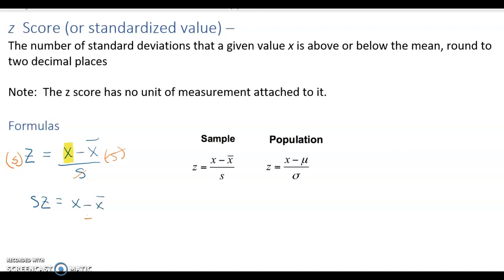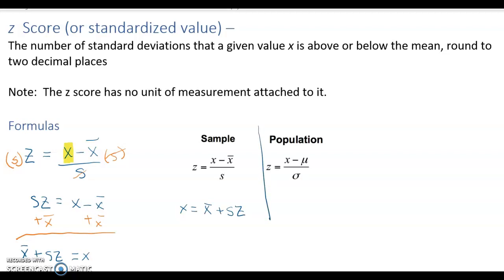And then I can add x bar to each side, and I'll have x bar plus s times z equals x. So I can write that as x equals x bar plus sz.